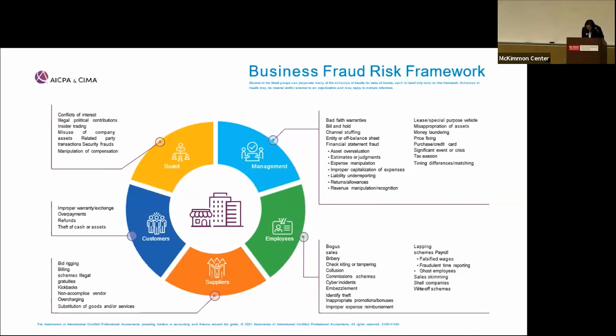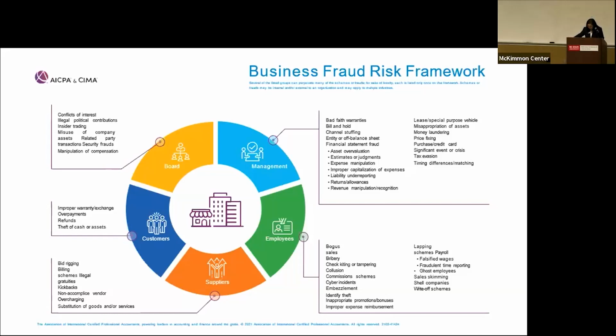Management, in the light blue: the biggest harm here, as I've already mentioned, is financial statement fraud, just in terms of materiality, because typically those frauds have a much higher dollar impact. Also, there is the public image if it gets out and you have to recall financial statements. For colleges and universities, if you have issues with financial statements, what issues are you going to have with the federal money you've accepted?